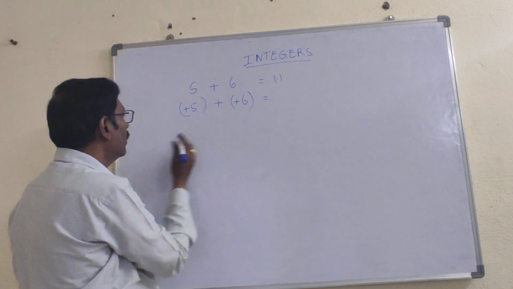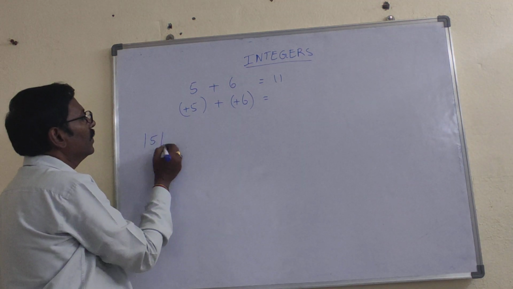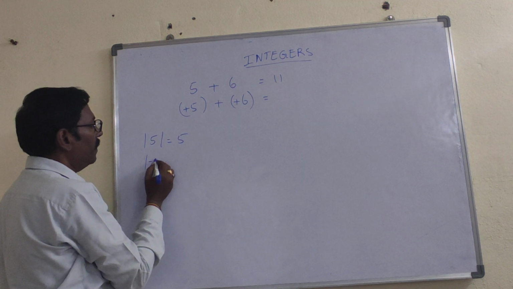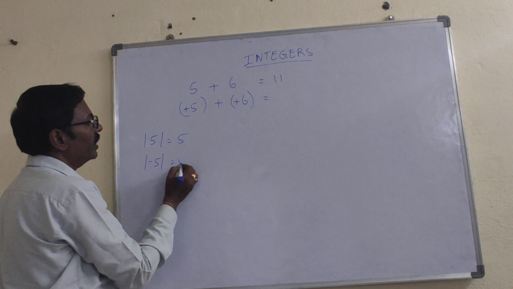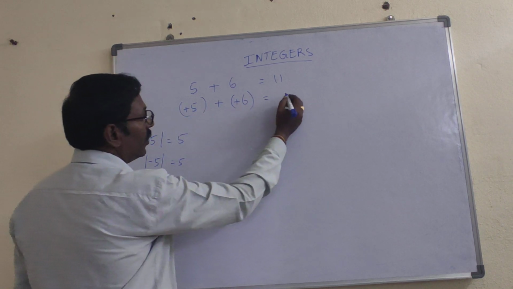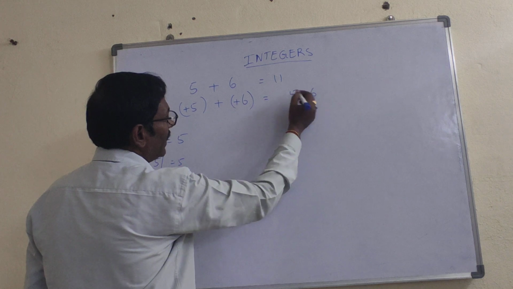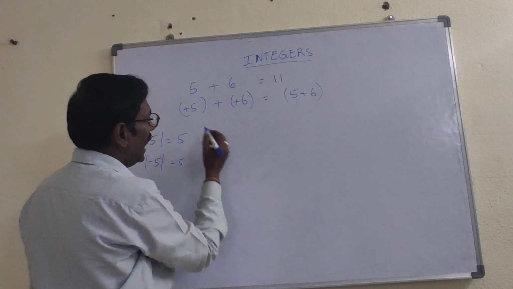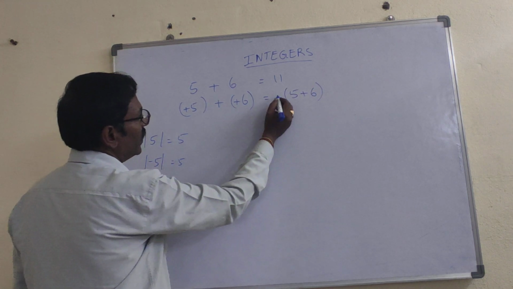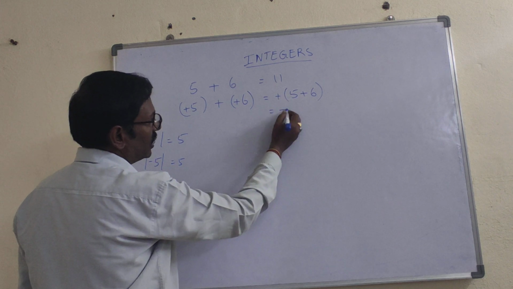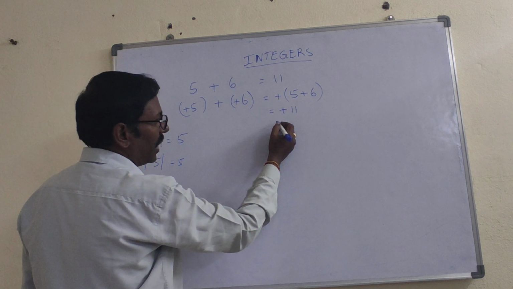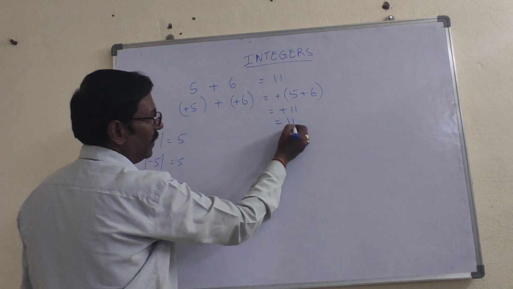Absolute means plus 5 is 5 only, minus 5 is also 5 only. So we write the absolute values of 5 and 6, and both have positive signs, that's why we put plus here. So this is plus 11. Plus 11 can also be written as 11.